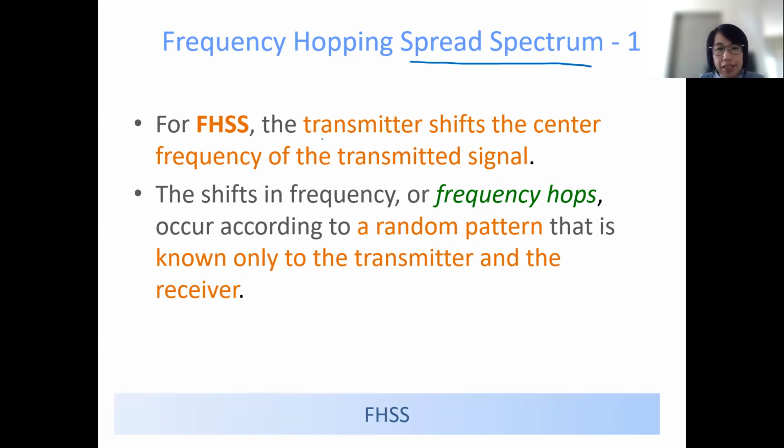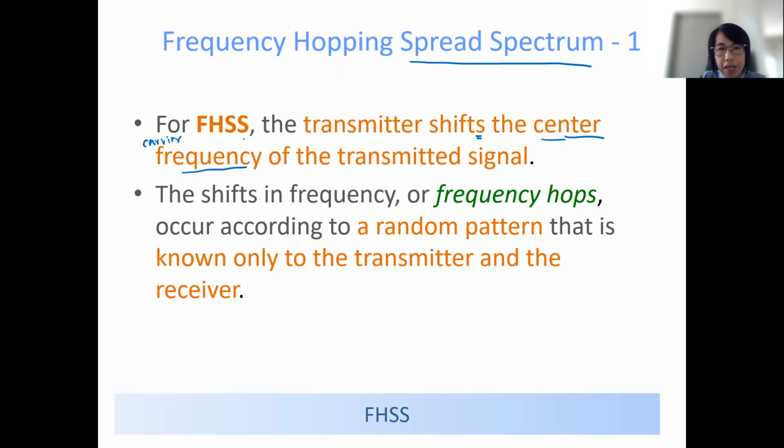Then by applying this, the transmitter shifts the center frequency. We can say the carrier frequency, because when we send our information, it is not the fundamental frequency, but the frequency of the carrier. But the carrier has some bandwidth also, so we can say the center frequency, or the middle frequency of the carrier.